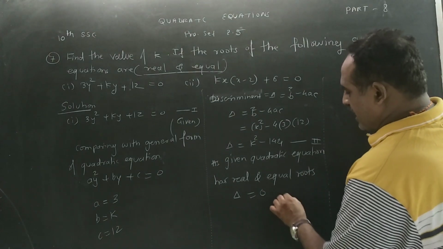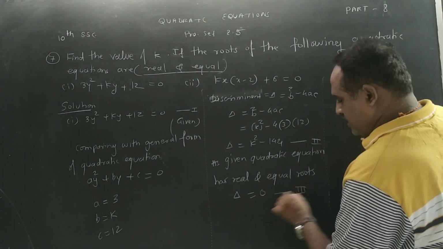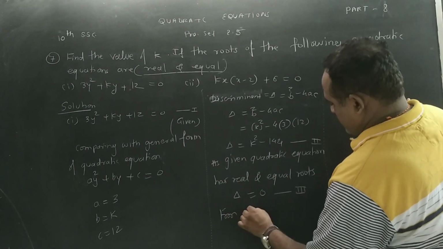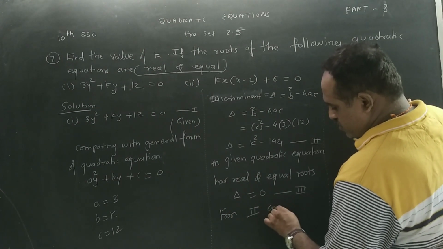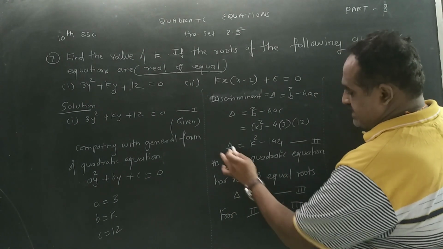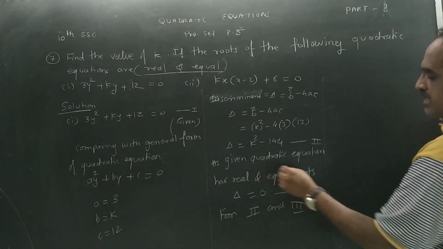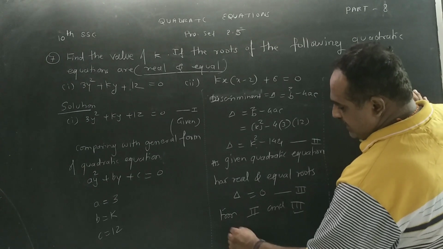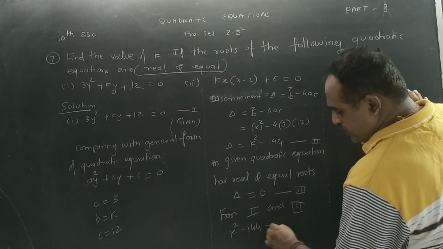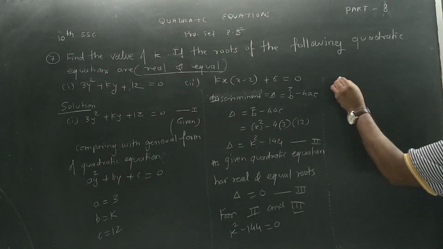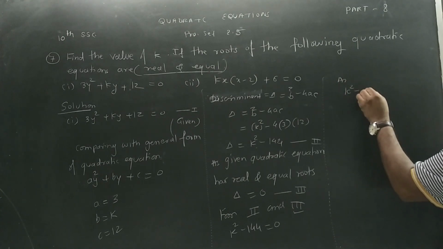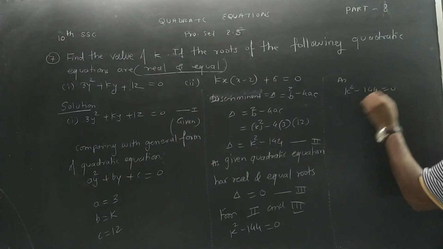Correct? So if I take this as equation 3, from 2 and 3, see, delta is equal to this delta, and these two are equal. So what can I write then? k square minus 144 is equal to 0.